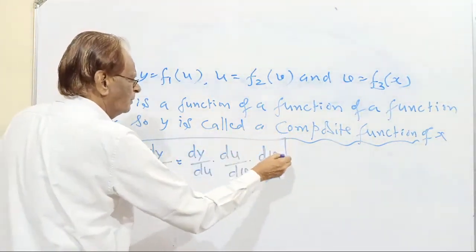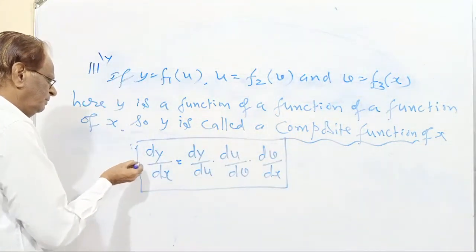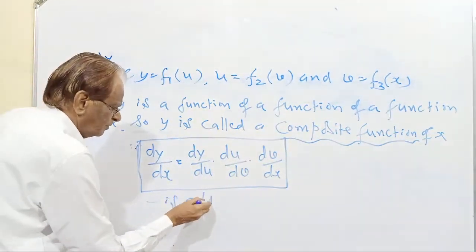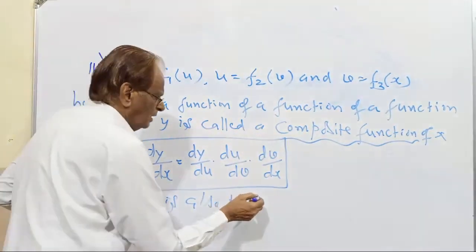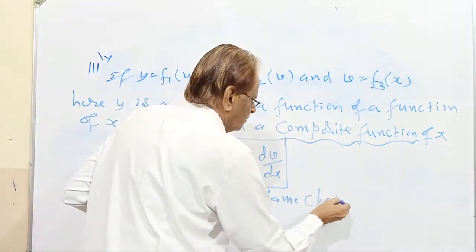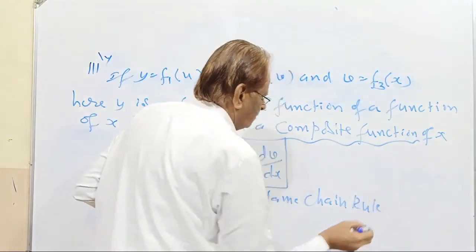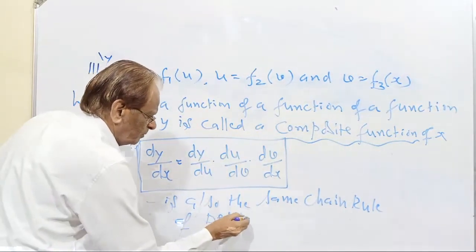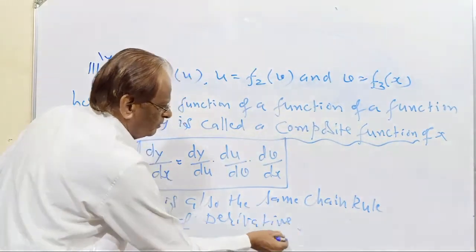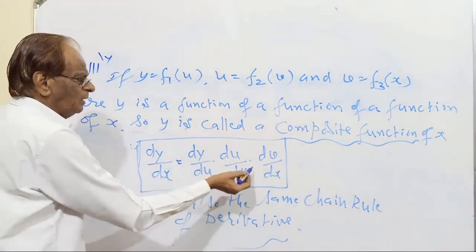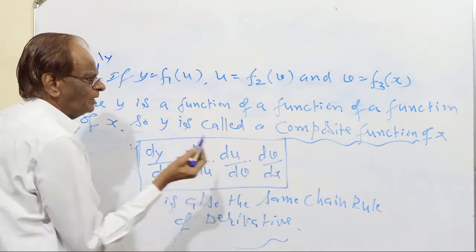This is also the same chain rule. Here, du with du, dv with dv, therefore it will become dy by dx.